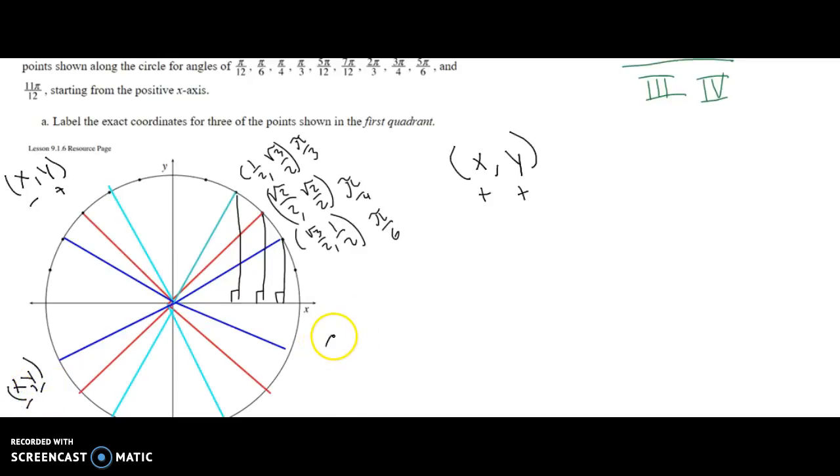And then in the fourth quadrant we have an x and y, and they are positive and negative. And so basically we can just take these coordinates and just change the signs based off of the reference angle. So over here we'll have a negative 1/2 and the square root of 3/2, and that will be for here.